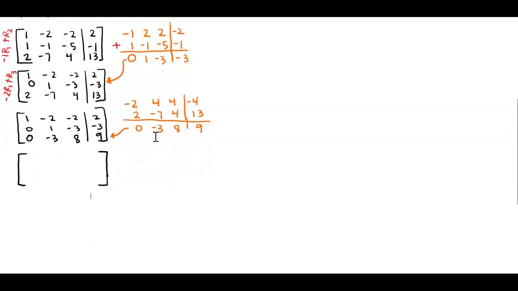Because now I can take row 2 and multiply it by +3. So 3 times row 2 plus my row 3. Again, just row 3 is what's changing this time.